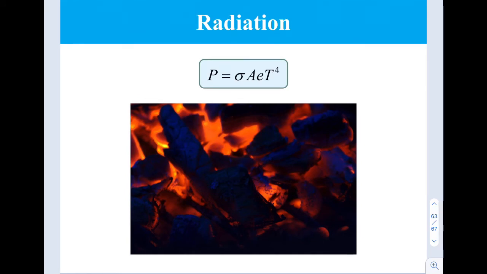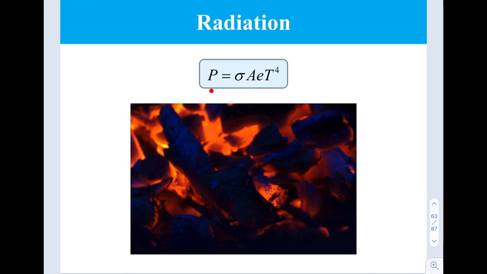The rate at which the surface of an object radiates energy is proportional to the fourth power of the absolute temperature of the surface, known as Stefan's law. In terms of equation, this is the rate of energy being radiated by Stefan's law.